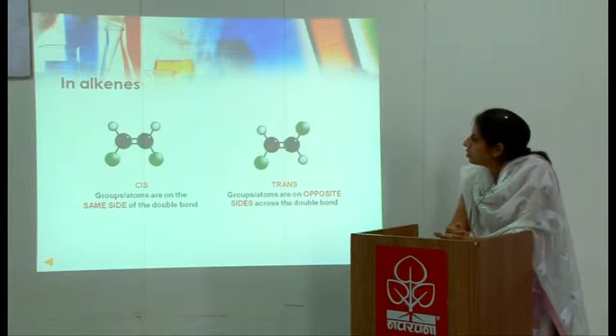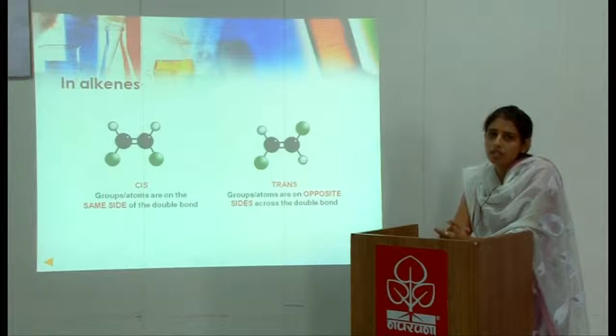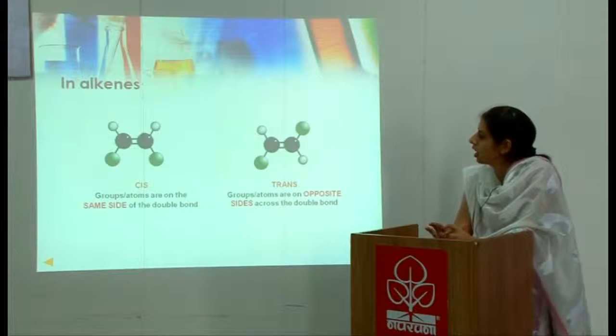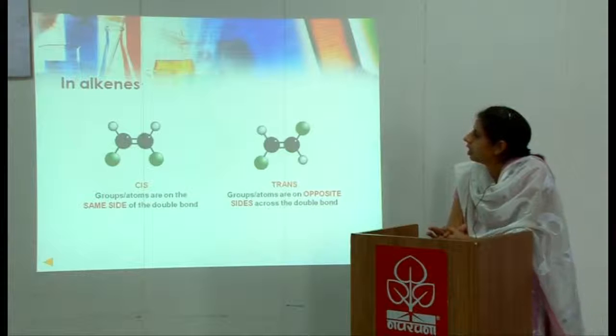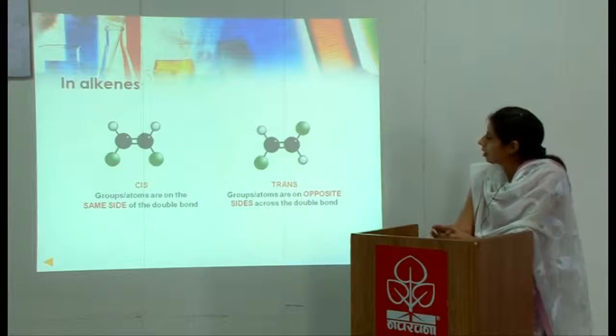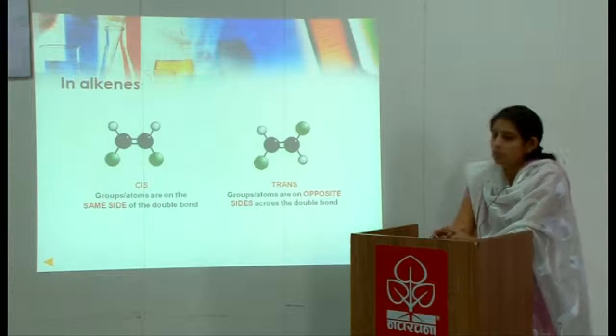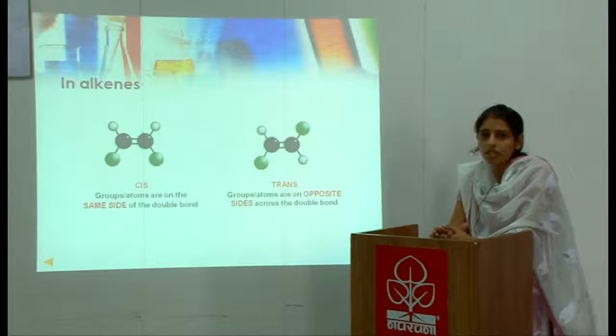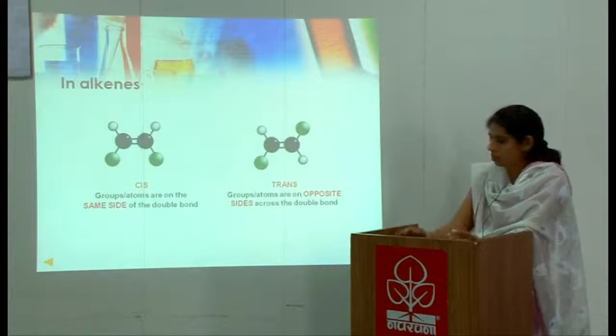You can see in the picture that the two green balls, two same atoms, are on the same side. When the same groups or atoms are on opposite sides, they are known as trans isomers.